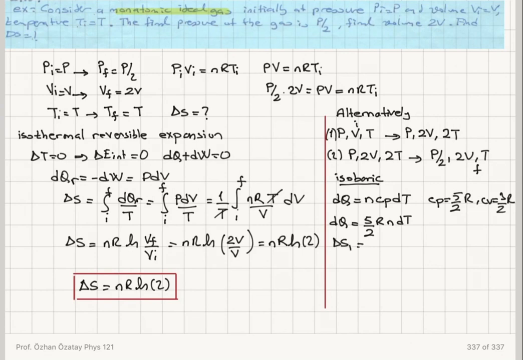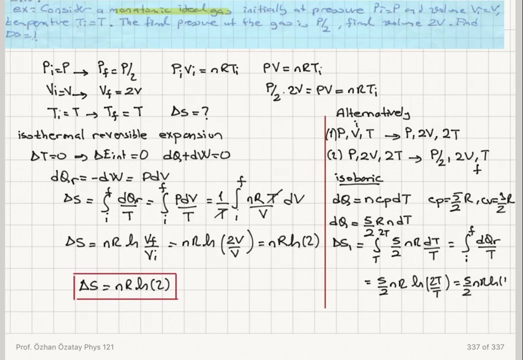So the entropy change in the first step will be the integral from the initial temperature T to final temperature 2T, 5 over 2 nR dT over T. This is from initial to final state, dq reversible over T. So in the first process, I have 5 over 2 nR natural logarithm 2T over T, which is 5 over 2 nR natural logarithm 2.